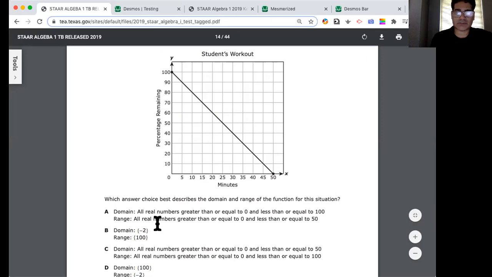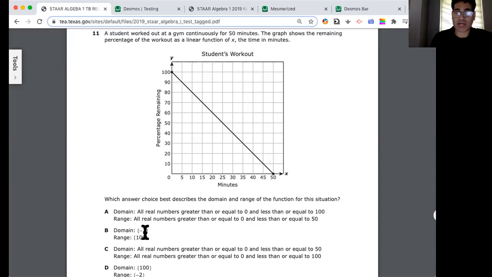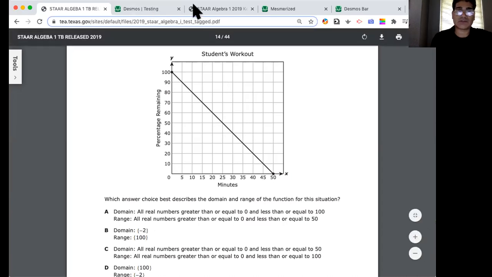Let's look at our question. Which answer choice best describes the domain and the range of the function of this situation? Students going into the test are taught that the domain is x and the range is y.